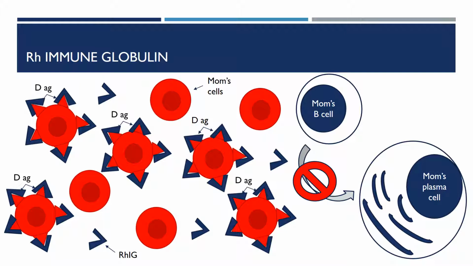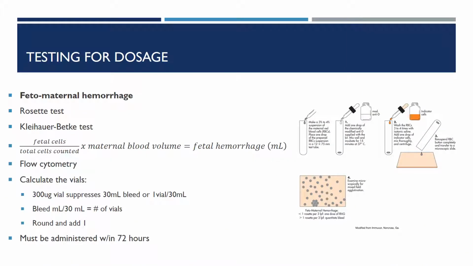Okay, and so that's why at 28 weeks you get it, and then again at birth when there is another risk for some fetal-maternal exchange of blood, then again she gets another dose. However, in the case of a bleed, we have other things that we have to figure out. So again, in the case of a bleed here, we have a little bit more work to do.